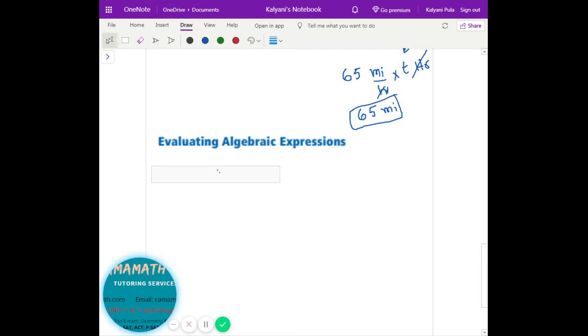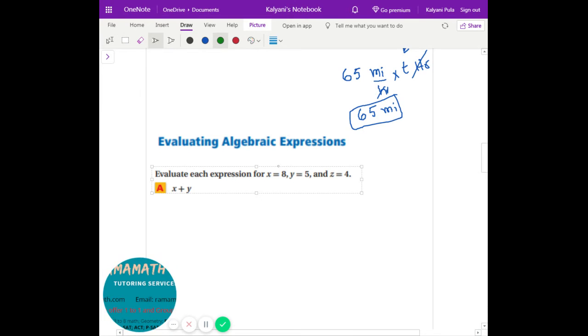All right, so the next one is going to be evaluating algebraic expressions. Whenever you see evaluating, that means you're going to take some value and plug it into the variables we have. Or answering it, I think. Yeah, basically you answer them, but using the numbers that you have already.